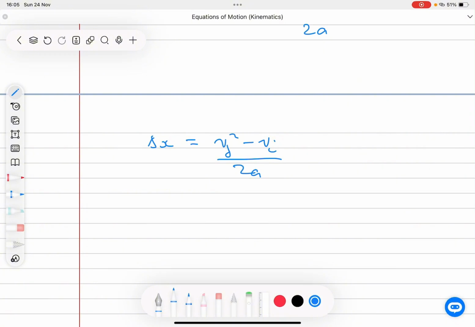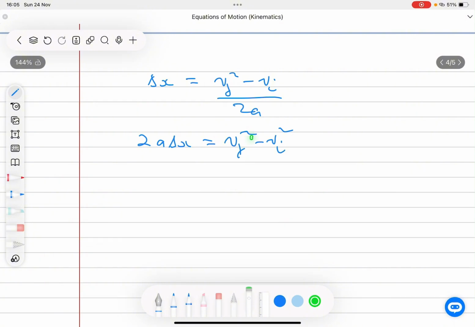So now I'm going to cross multiply by this, and then I'm going to have 2 times a times delta x is equal to v squared minus vf squared minus vi squared. I'm going to take the negative vi squared to this side, so that it will be positive when it comes to this side, and I'm going to be only left with final velocity.